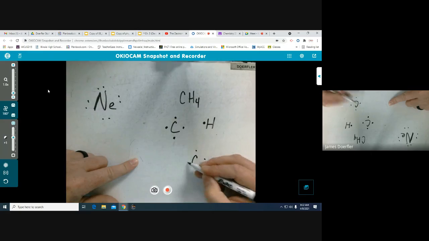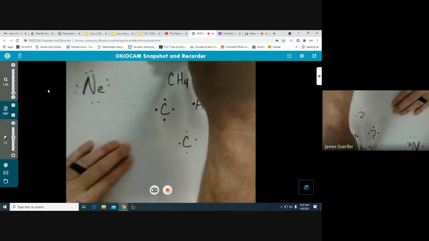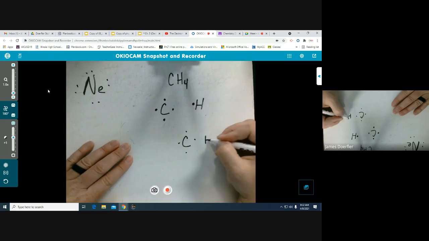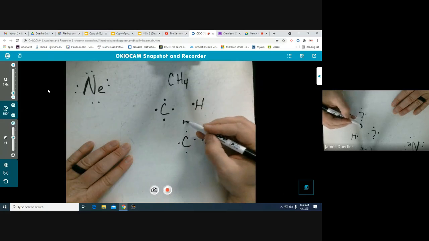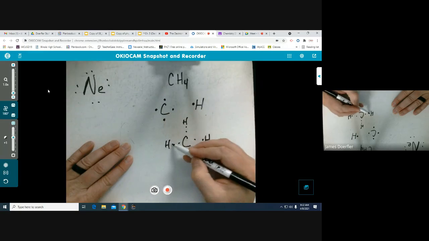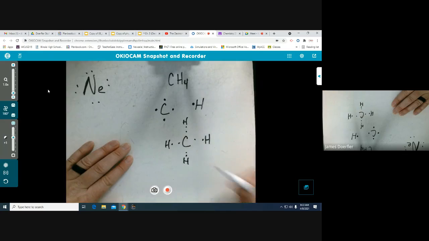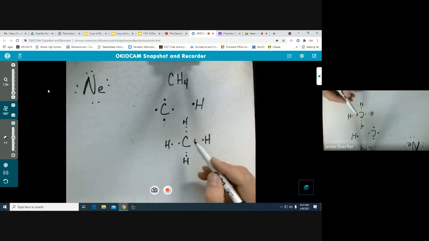So it's going to look like this. Place your dots around the carbon. Then you're going to place a hydrogen and its dot right next to the location of the 4 carbon electrons.